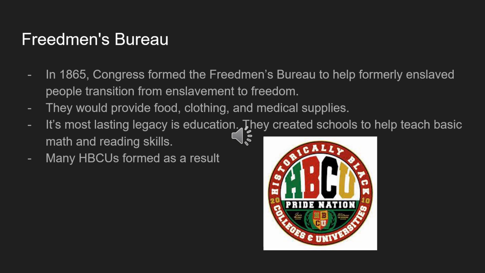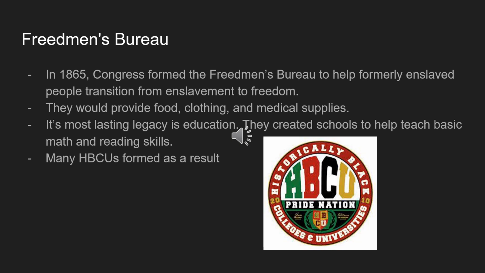We move forward. The standards do not focus on congressional reconstruction, but just to note, you should know that it is much harsher. Additionally, it did provide far more support to former slaves, particularly with the creation of the Freedmen's Bureau. This was an organization set out to help former slaves transition into society.